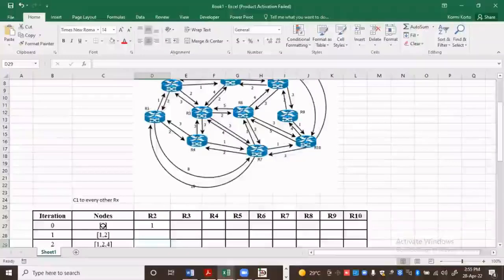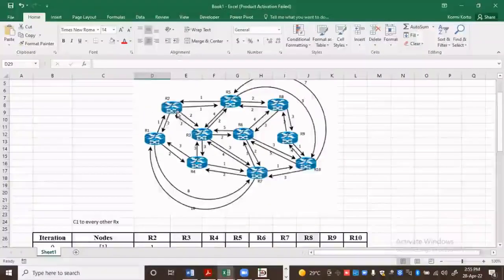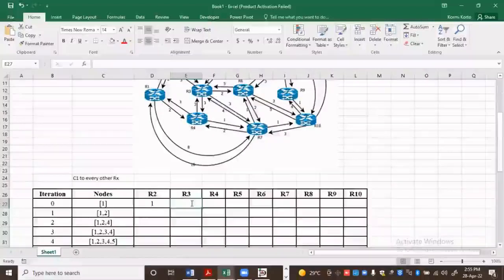To get to router 3, you would have to go through router 2, which is not at your disposal yet, because you're only using router 1 to forward the packets. This means you can only move packets from router 1 to router 2, or router 1 to router 4, or router 1 to router 7, because those are direct connections, devices you're directly connected to. Every other one is beyond your reach, one more router beyond your reach. So those become infinite.